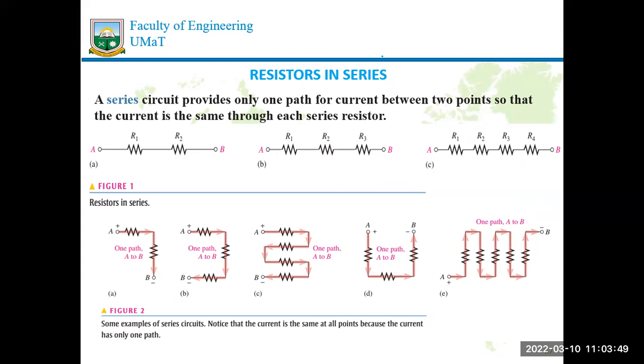For resistors in series, we say that resistors are in series when there is only one path for current between two points, such that the same current will be flowing through the resistors that are connected together within that topology.